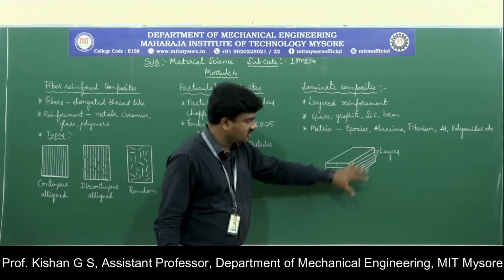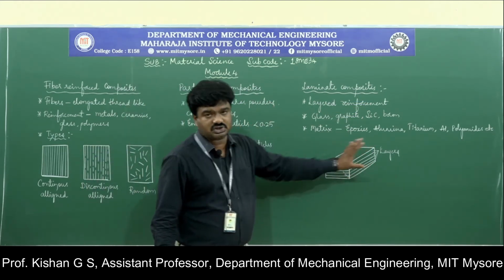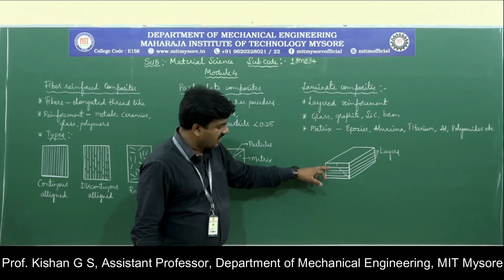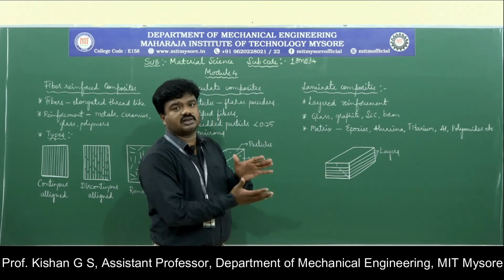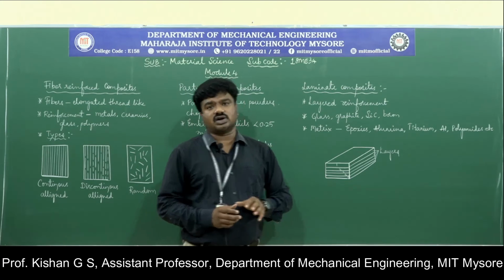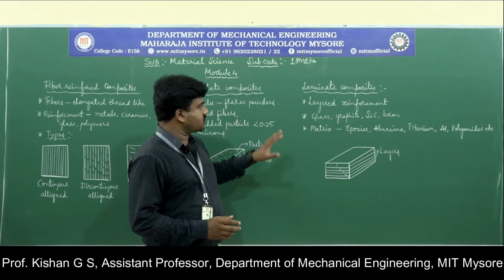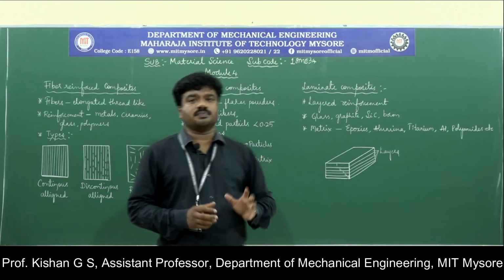You can observe the condition here. This is an entire structure of a composite specimen. We have 5 layers arranged one above the other that form the laminated composite. So this is the basics of different types of composite materials.